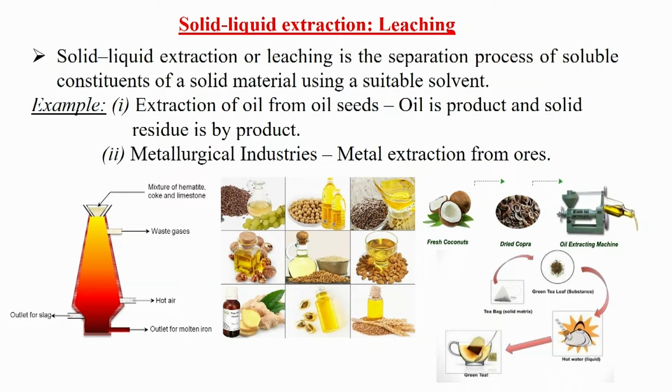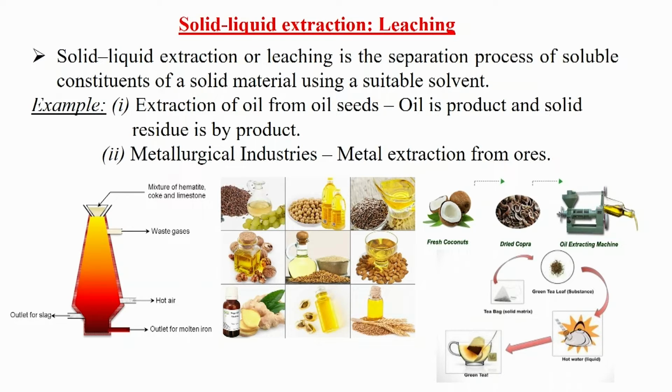So, leaching, that is the solid liquid extraction process, is the separation of soluble constituents of a solid material using a suitable solvent. Inside a solid material, suppose one particular target component is there, which can be solubilized in a suitable solvent. There are so many examples, and we will discuss a few examples of the solid liquid extraction process.